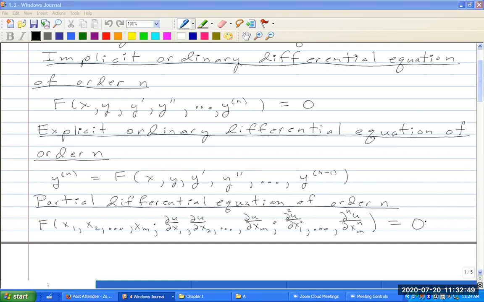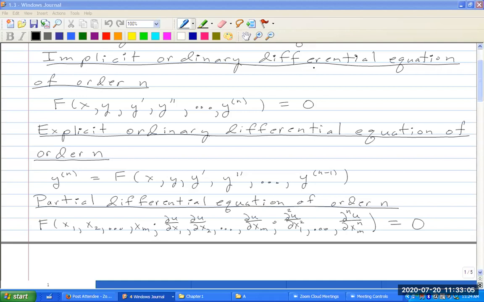We will not, in this course, be looking at partial differential equations. Ordinary differential equations are difficult enough. This is an implicit partial differential equation.